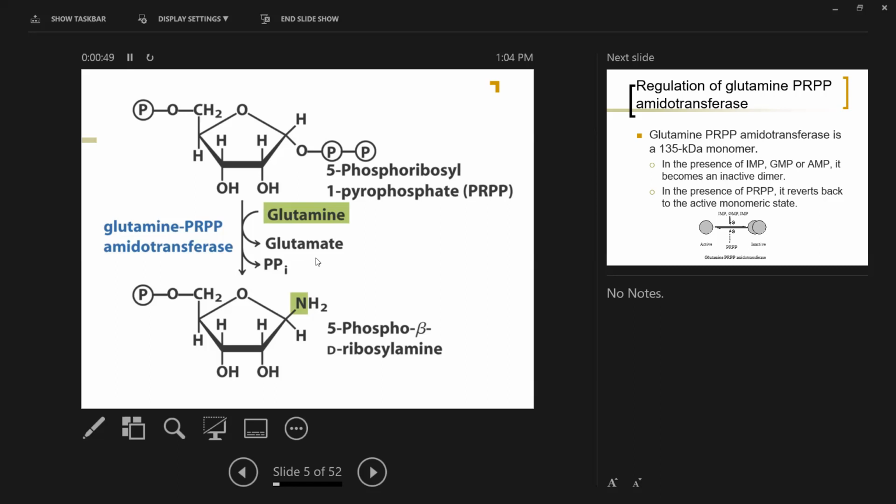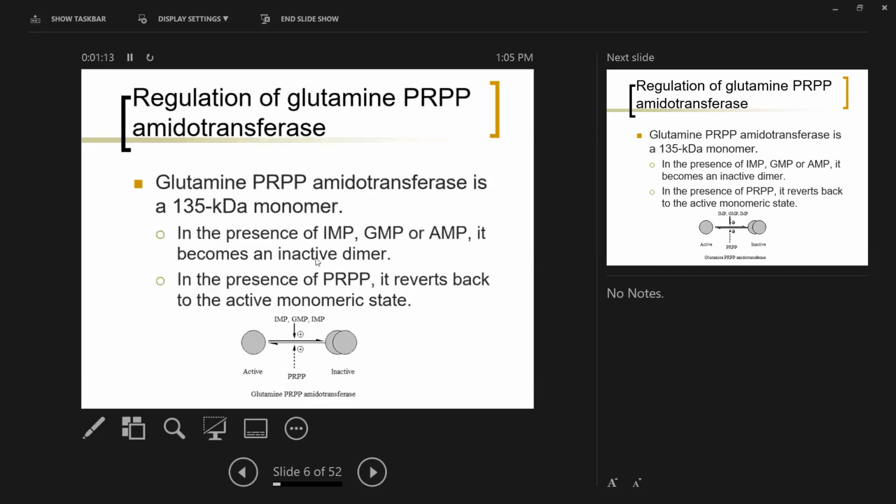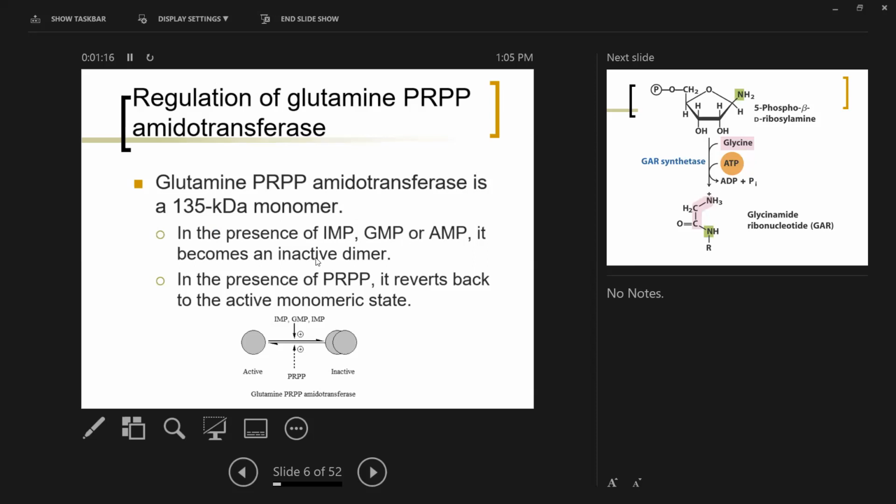So this is glutamine PRPP aminotransferase, and it forms pyrophosphate beta-D-ribosylamine. So you have 5-phosphoribosyl 1-pyrophosphate. Now it's 5-phospho-D-ribosylamine. Now this aminotransferase is a 135 kilodalton monomer. When it's a dimer, it's inactive.